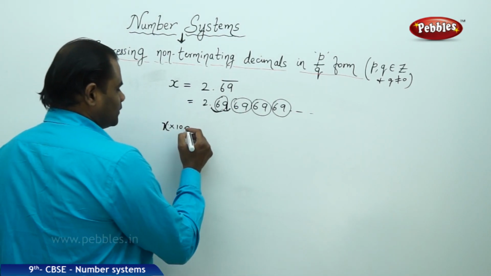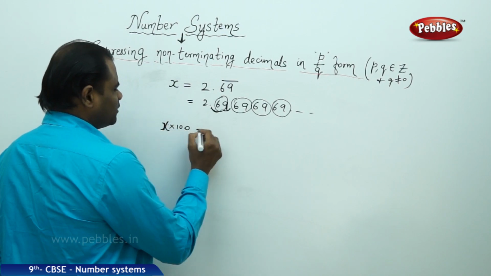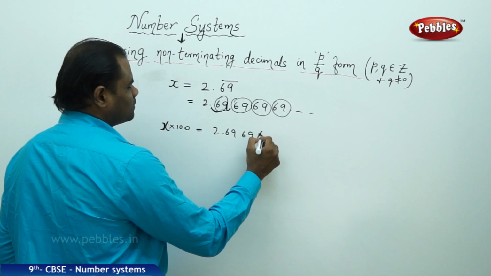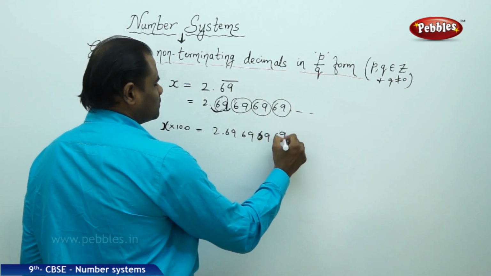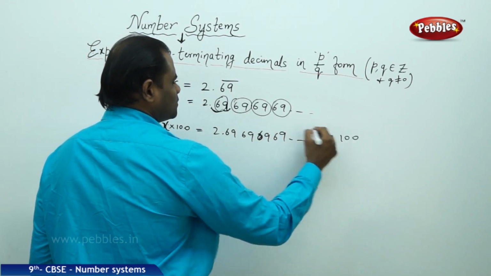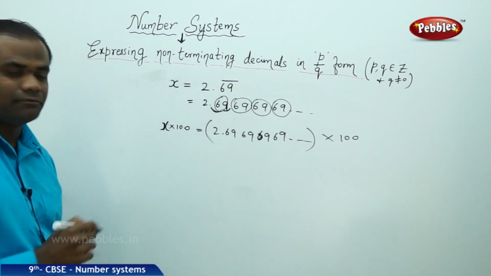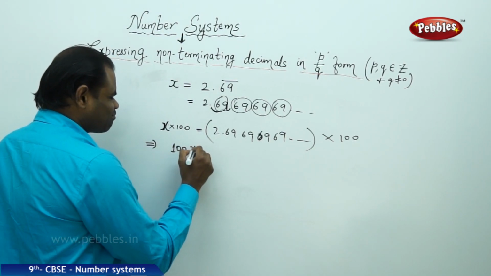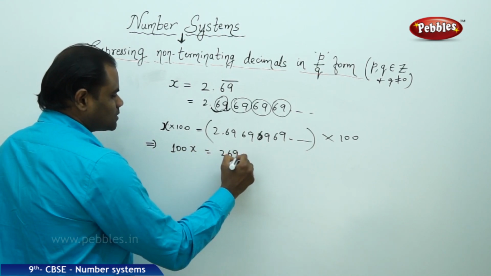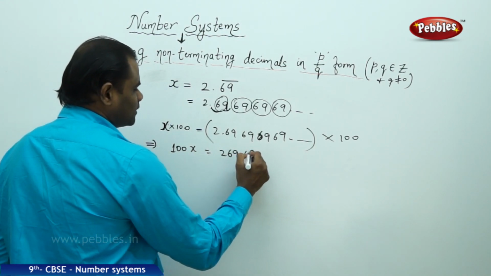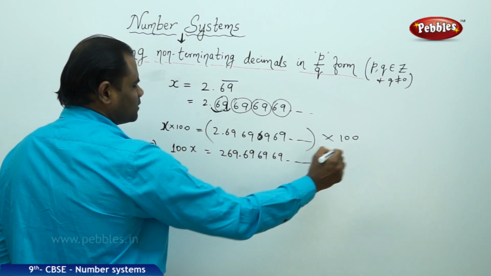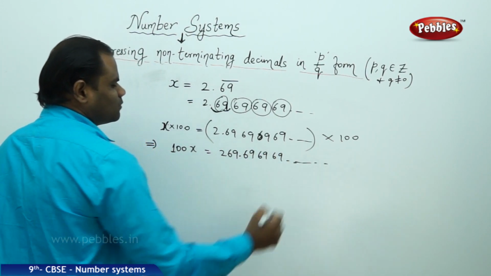Therefore, when I multiply x by 100 on both sides, I get 100x equals 269.6969 and so on and so forth.